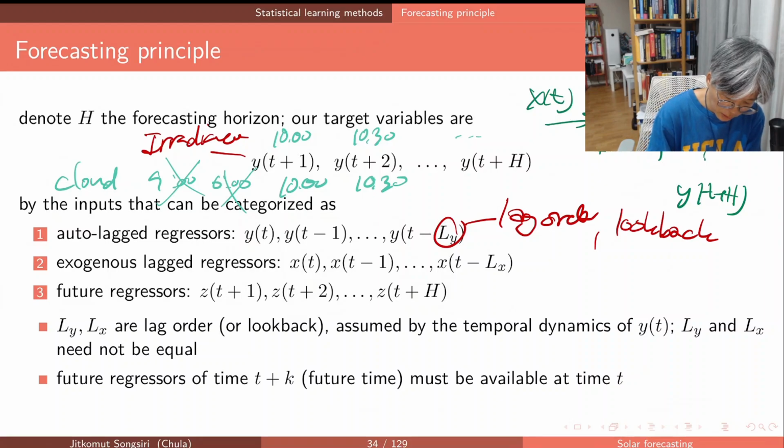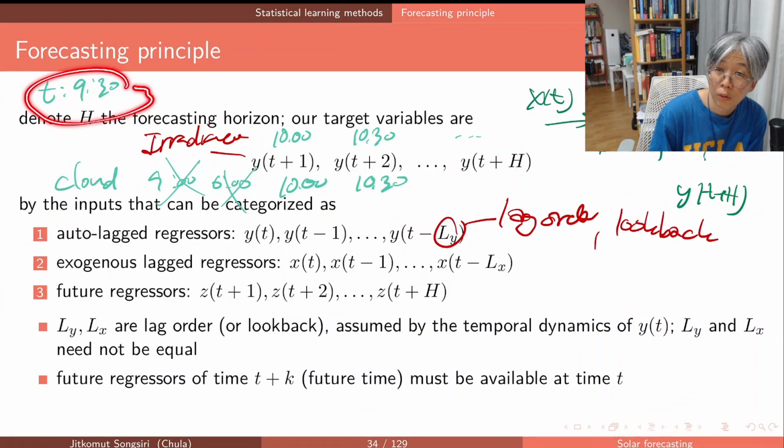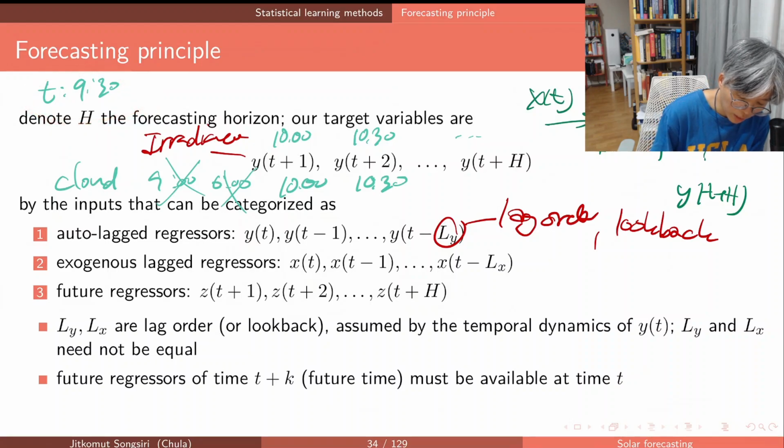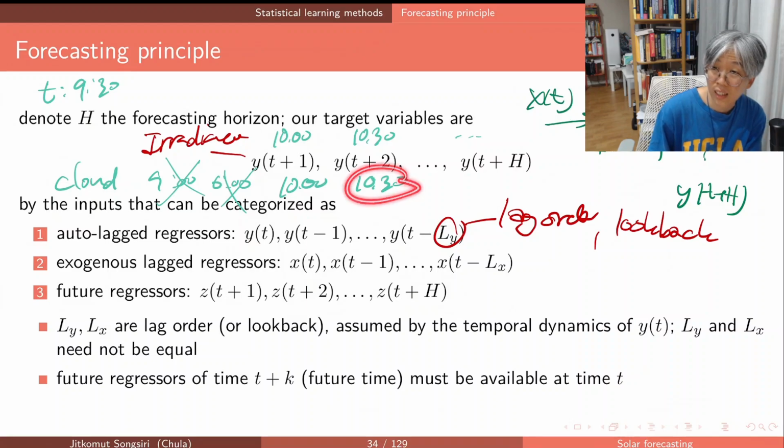Suppose t is 9:30. This is the time we perform the forecast, and you want to predict the next step, which is 10 a.m. You want the information of cloud at 10:30, but you're at 9:30.